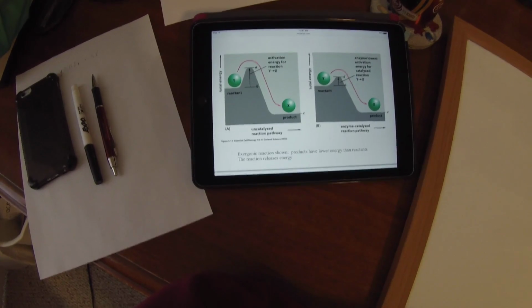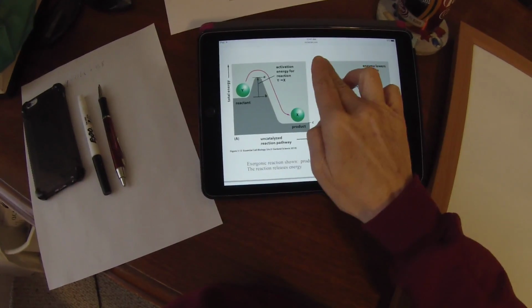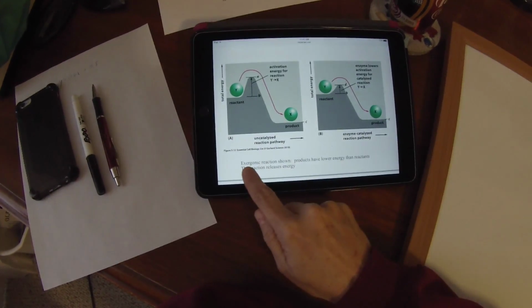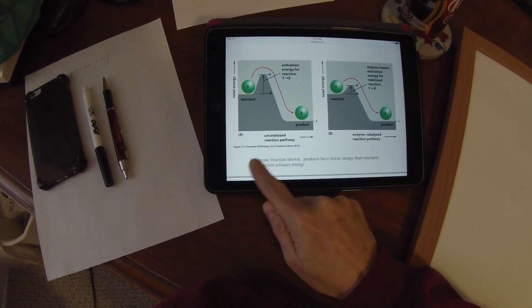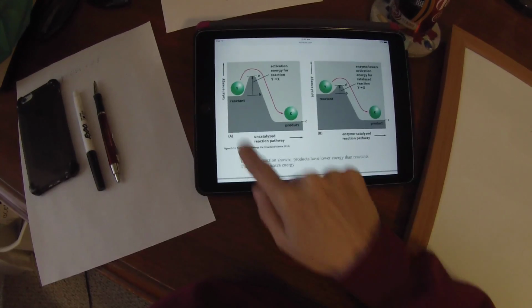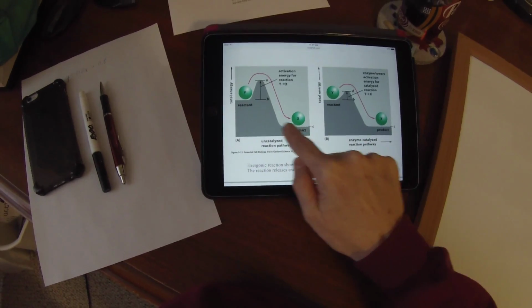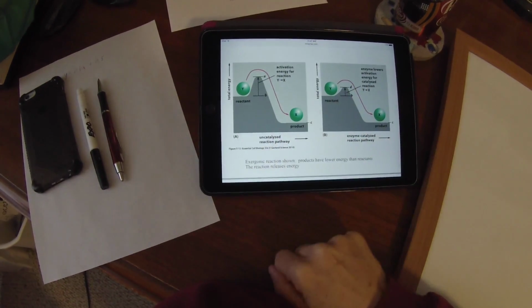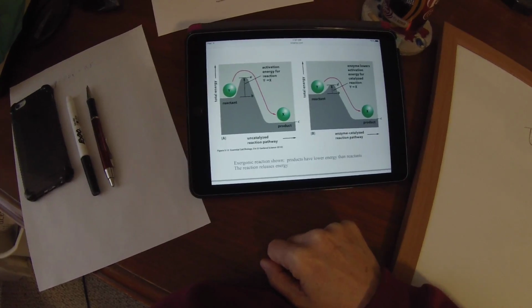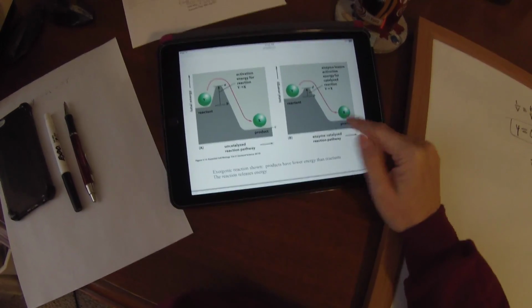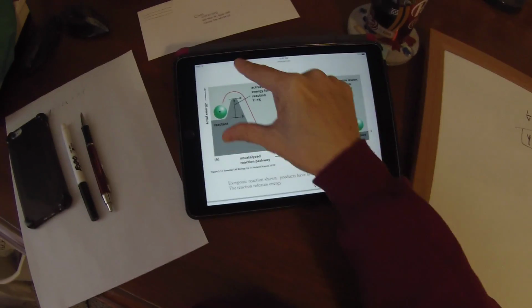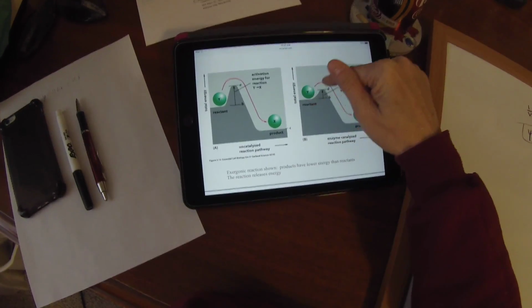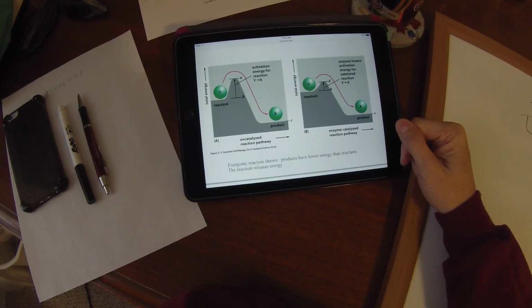And so when we have a reaction that releases energy, it's called an exergonic reaction. Ergonic meaning energy, and ex meaning out. So energy out is where we have products that have energy that's lower than the reactants. So some of that energy gets lost from the system to make it happen. Either way, the enzyme is still helping the reaction happen by lowering the activation energy required to make the reaction proceed.